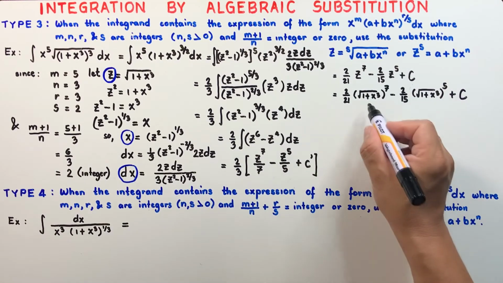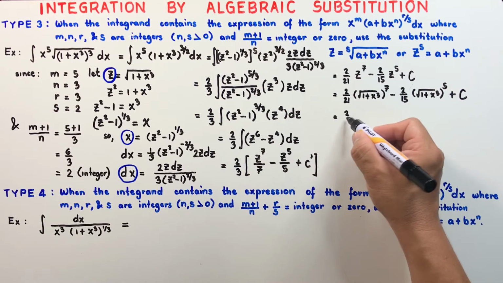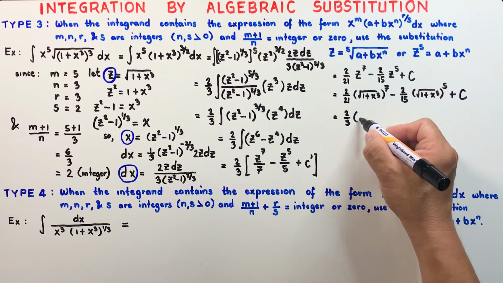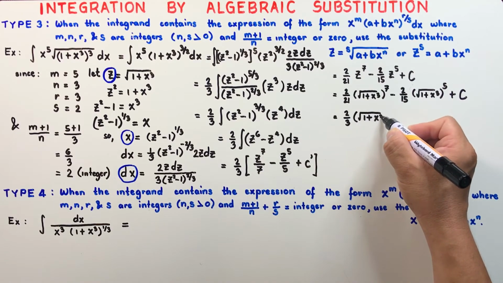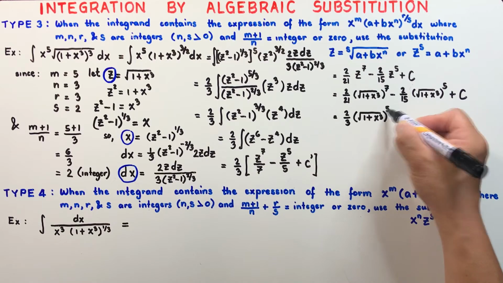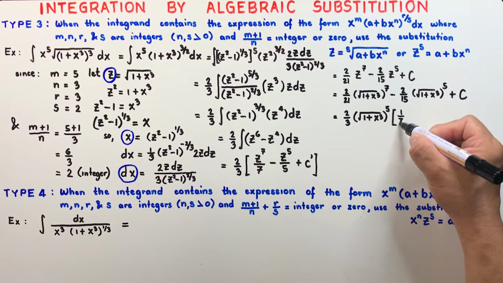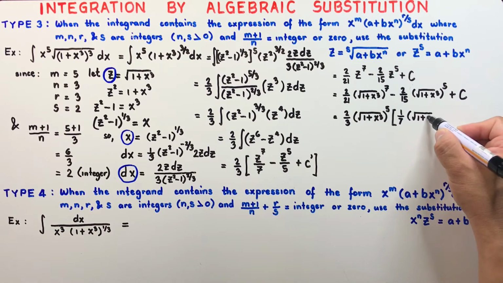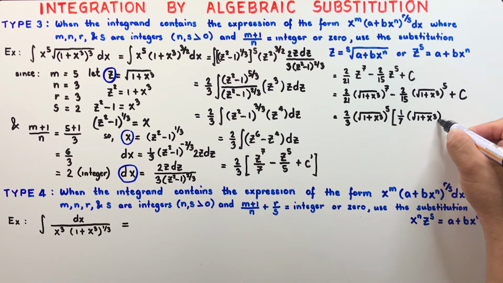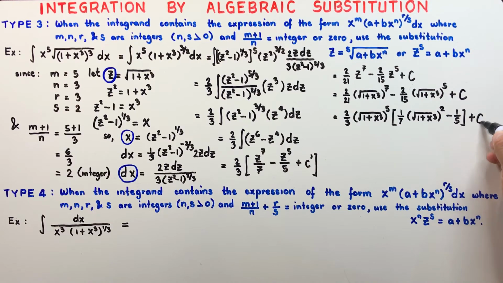Then, therefore, factoring the common factor here, we have 2 over 3 times the square root of 1 plus x cubed raised to the exponent of 5. So what remains is just 1 over 7 times the square root of 1 plus x cubed raised to the exponent of 2 minus 1/5 plus the constant of integration c.